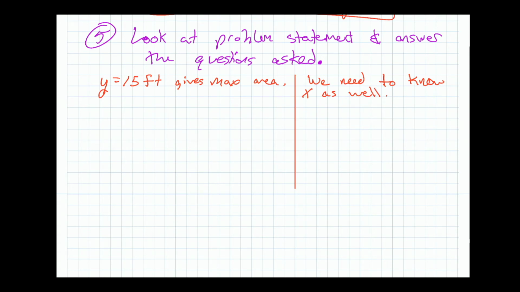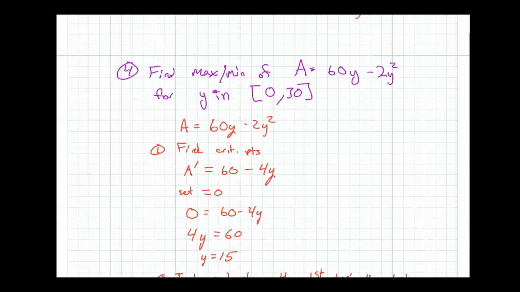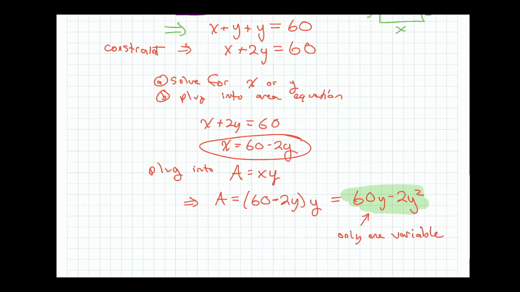How do we do that? Well, there must be an equation that relates x and y. Look for the equation that relates x and y. And there is one, because that's what the constraint did. So look for your constraint.